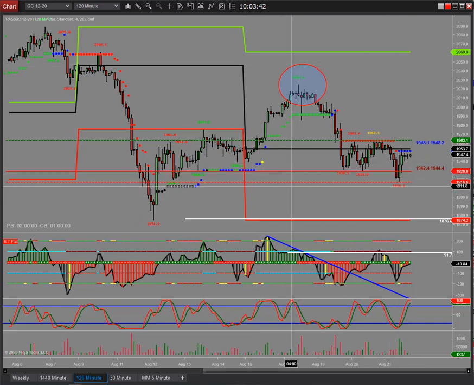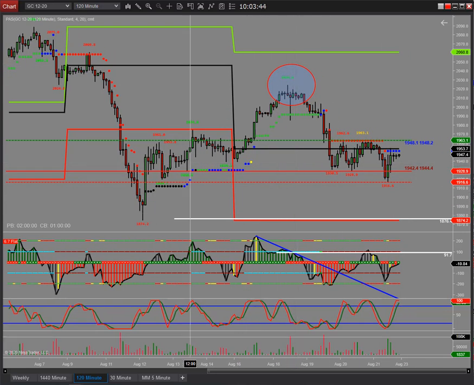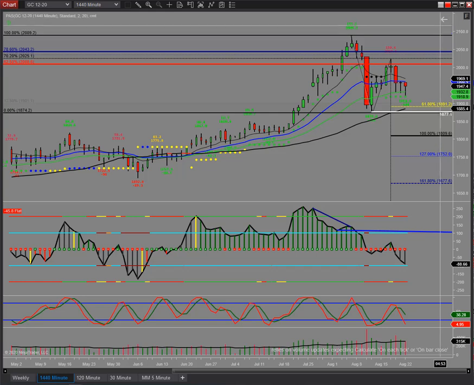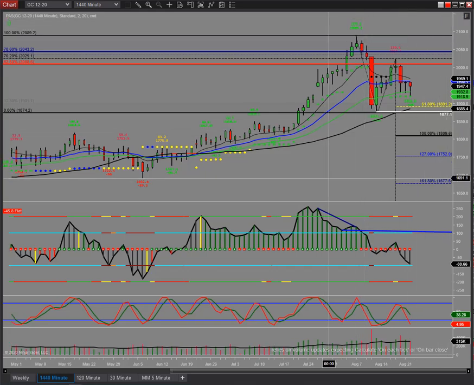This is just my thoughts on this setup. I will post some links to the charts where I explain that and anticipate that move.